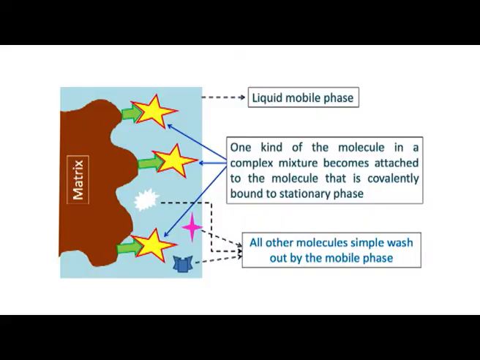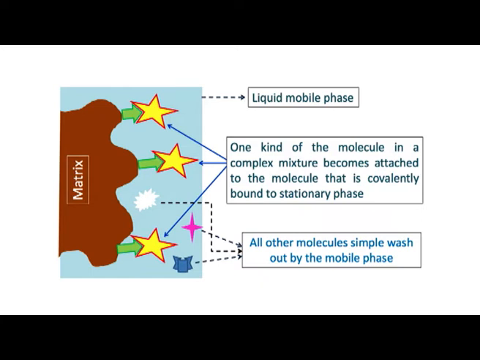The next mechanism is based on affinity. The principle is based on the specific affinity between the molecules to be isolated and the molecule immobilized on the stationary phase. One kind of molecule in a complex mixture becomes attached to the molecule that is covalently bonded to a stationary phase. It is just like a lock and key method.